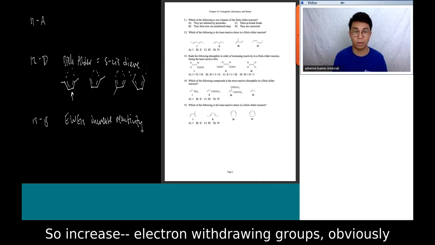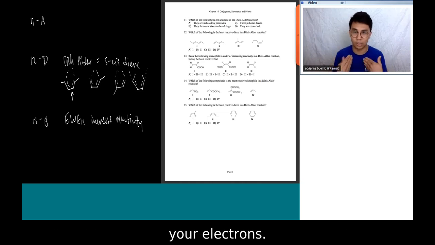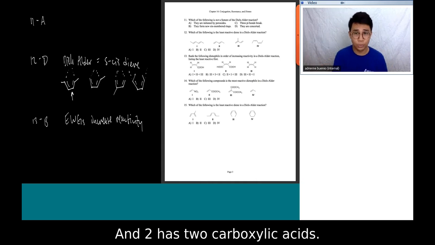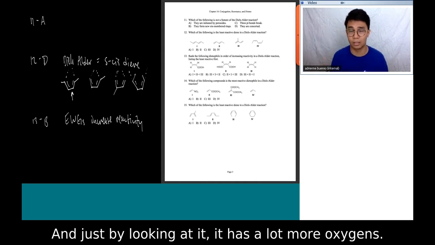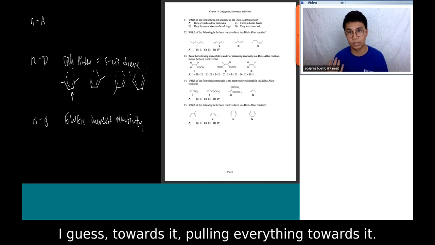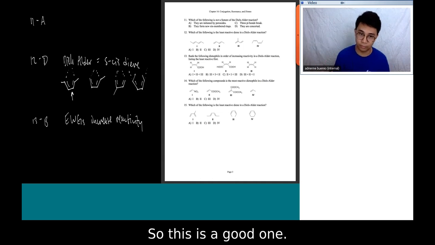Electron-withdrawing groups are groups that are electronegative and take away your electrons, right? They pull electrons away from the double bond. And 2 has two carboxylic acids, and just by looking at it, it has a lot more oxygens, right? Those oxygens are pulling everything towards them. So the more electron-withdrawing groups you have, the greater the reactivity. So this is a good one.